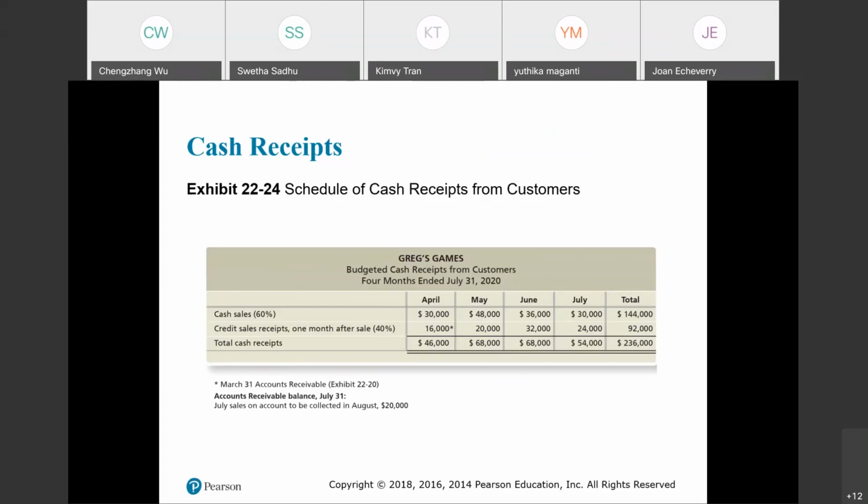But here, cash statements should be prepared based on cash basis. Recall that the company's sales are 60% cash and 40% on credit. So that means 60% of the total sales will be collected immediately within this month, and 40% will be collected in the following month.